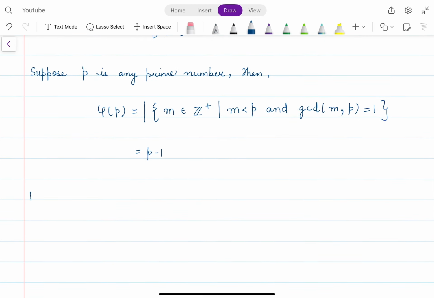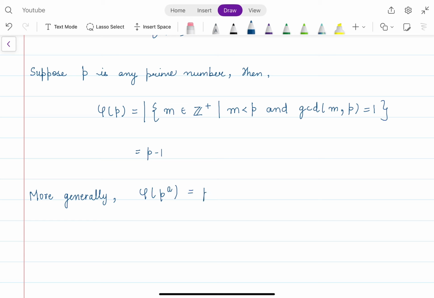More generally, we have this formula phi of p raised to power a.